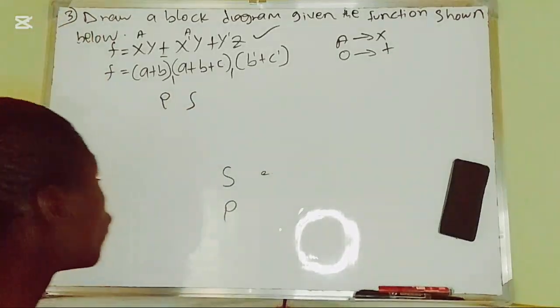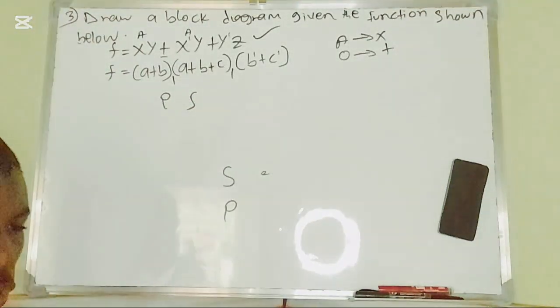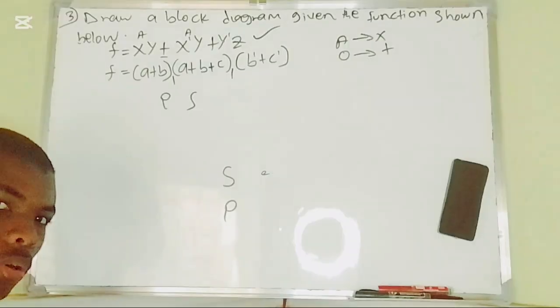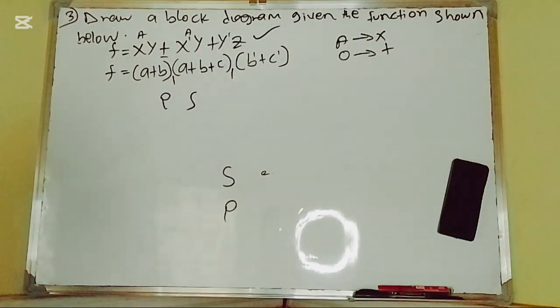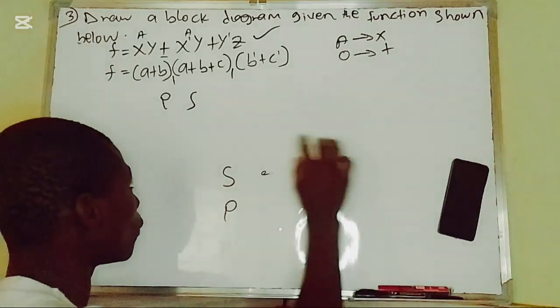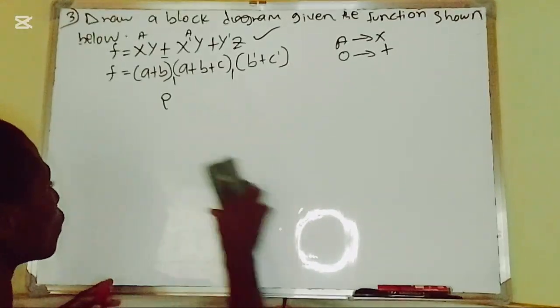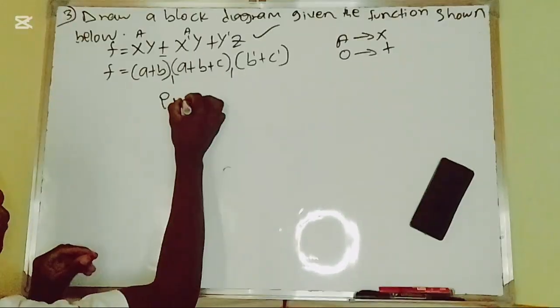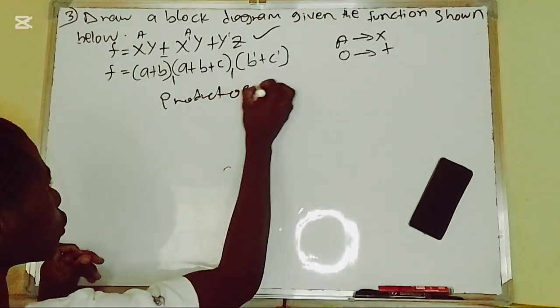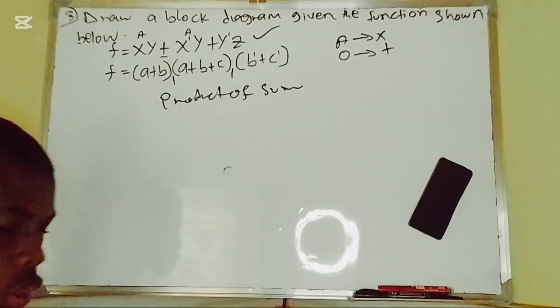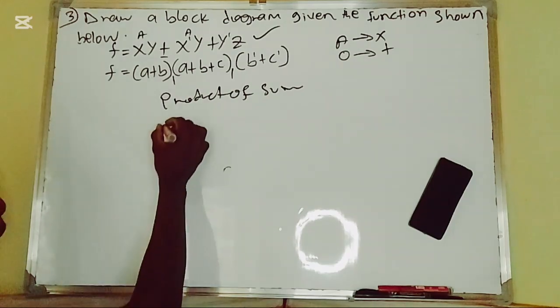There are some functions that are both sum of product and product of sum, and there are ones that are neither: neither product of sum nor sum of product. As we can see here, this is the product of sum. How many literals do we have?